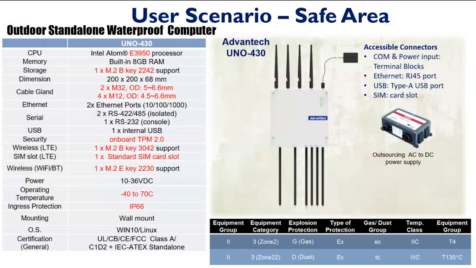So for further specifications of the Uno 430, it's equipped with the Intel quad-core processor E3950, and the product has built-in pre-installed 8 GB memory. But if the customer needs higher memory capacity, you also have the option to upgrade.